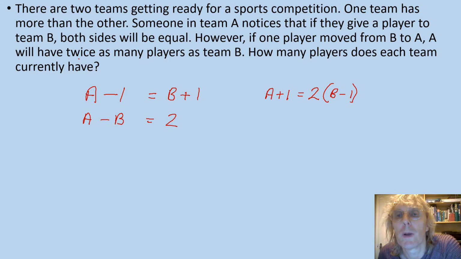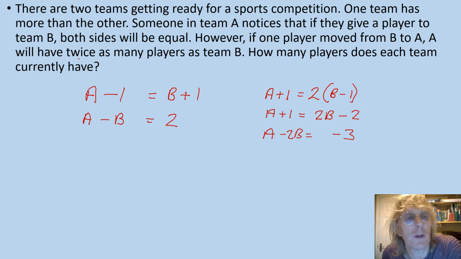A is going to be worth 2 of Team B at the end of that. So if we multiply that out, we've got A plus 1 equals 2B minus 2. So we subtract the 2B over here, so we get A minus 2B, and we take away the 1 from here, so we end up with minus 3.